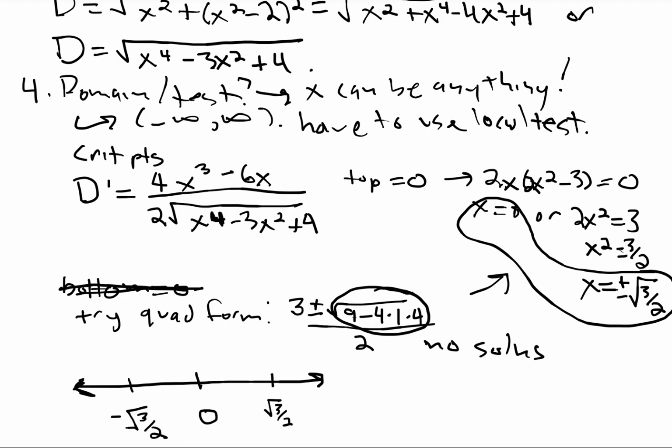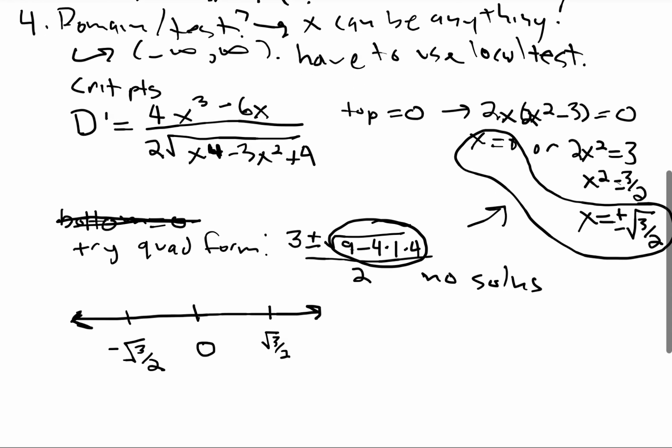Now some comments here. I could plug these into a calculator and figure out decimals and test points and whatnot, but I'll save you guys a little bit of time and make this observation. 3/2 is bigger than 1, so that means the square root of this thing is going to be bigger than 1. 3/2 on the other hand is also less than 4, so that means the square root of this thing is going to be less than the square root of 4.